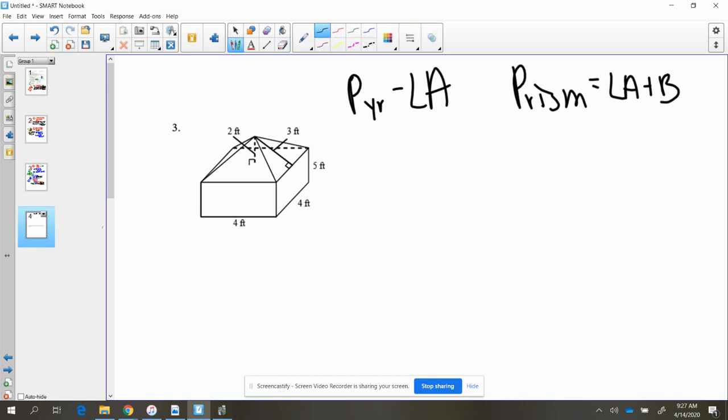So just like last problem, we need the lateral area of the pyramid and then lateral area plus a base for the prism. Take a moment to calculate for our pyramid what is the perimeter of the base, the area of the base, and our slant height.